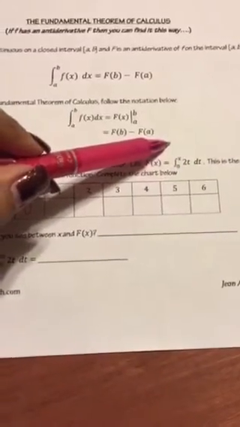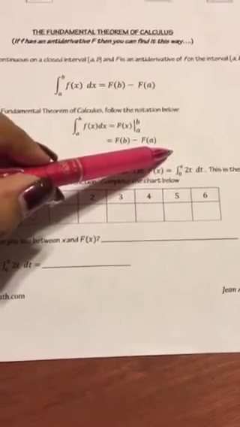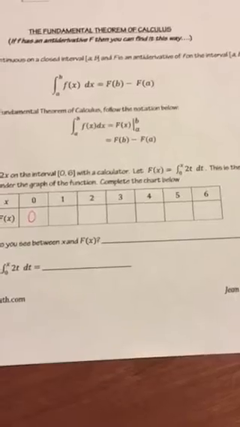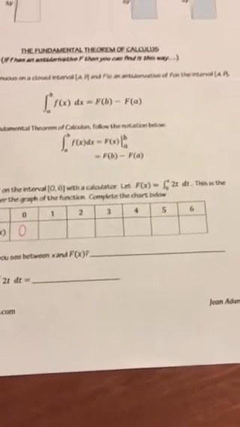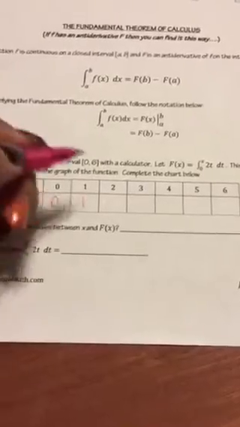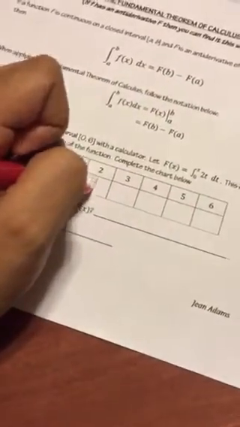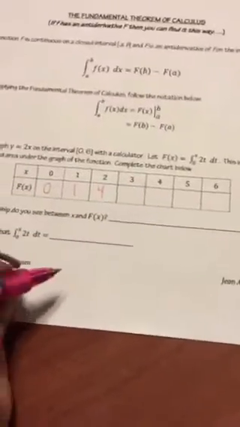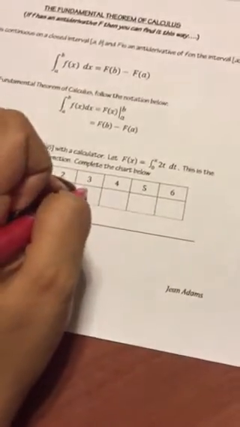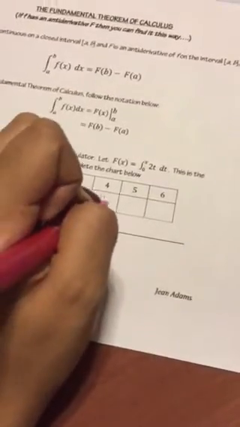From 0 to 1, we'll have a triangle, and finding its area gives us 1. If we substitute in 2, that'll end up giving us 4. 3 is 9, 4 is 16, 25, and 36.